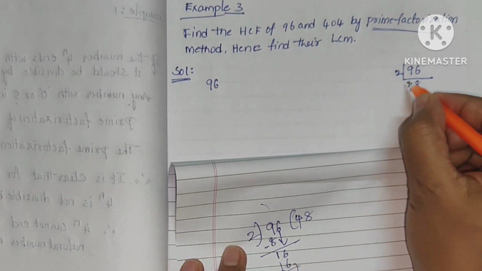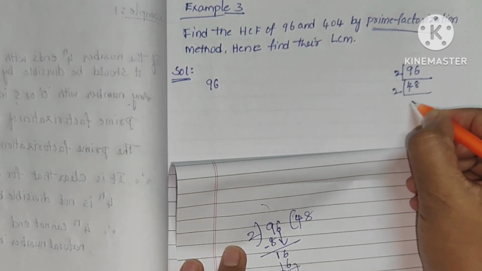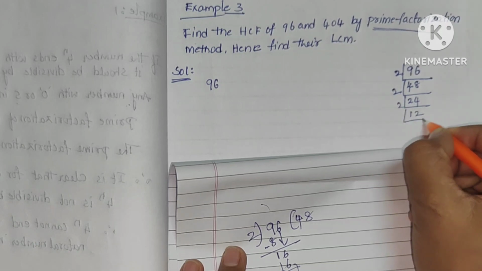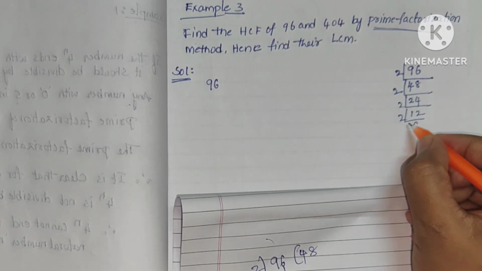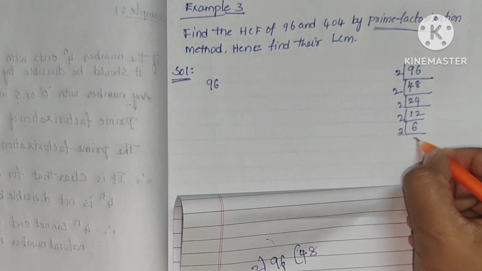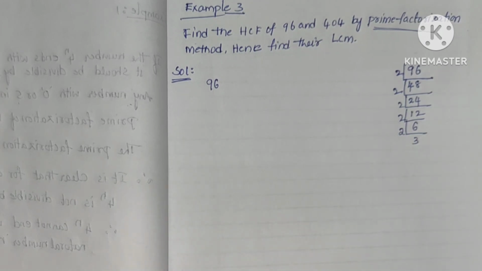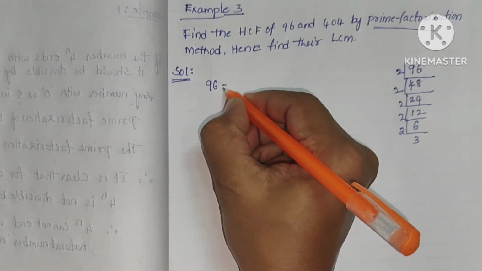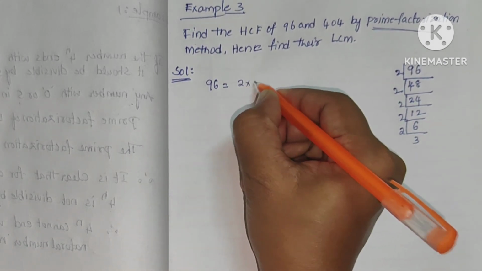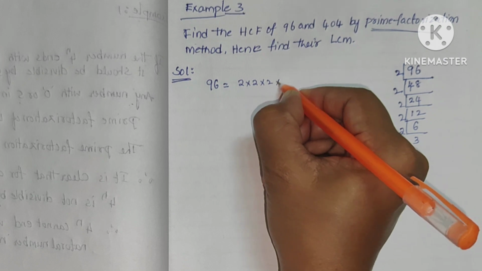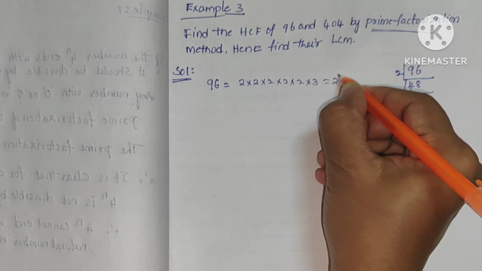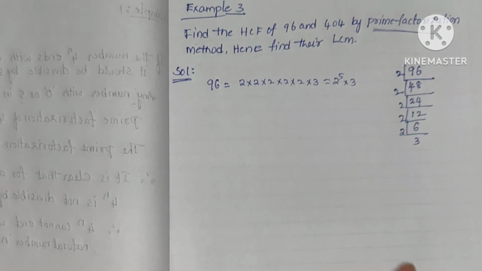Again 2 2s, 2 4s, again 2 1s, 2 2s, again 2 6, so again 2 3s. Okay, so like this, 96 can be written as 2 5 times into 3. That means 2 power 5 into 3.